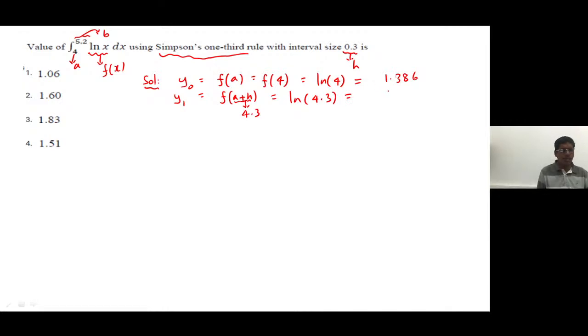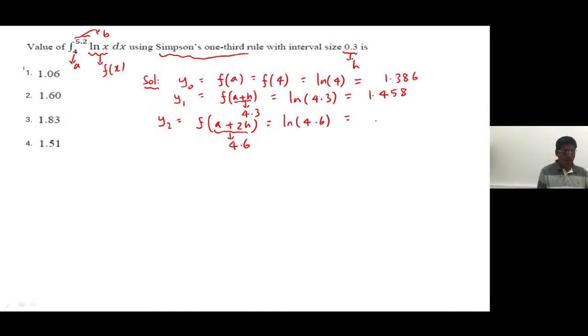This is approximately 1.458. Now y2, the function value at a plus 2h. a plus 2h simplifies to 4.6. That means we are calculating the function value at x equal to 4.6, that is log of 4.6.